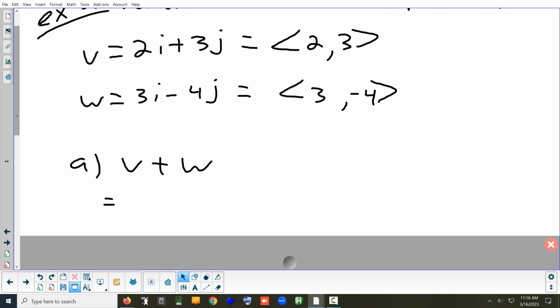Can anybody tell me what you'd get if you add those 2 vectors together? Yeah. 5i minus j. Yep, 5i minus j. And can you give that to me in this notation? 5 minus 1. 5 comma negative 1. Same thing. You're not going to have to write both ways for a test question, but that's how you do both. Questions on that?